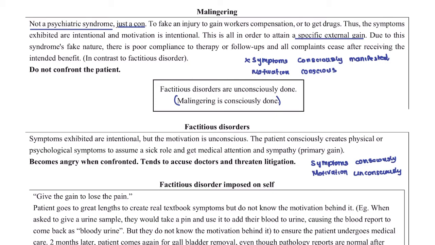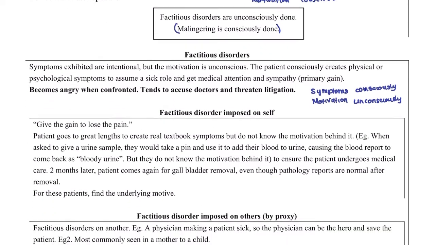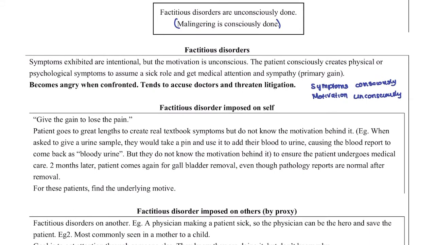Usually there's a history of, let's say, abuse as a child or hospitalization as a child in these patients. So one way that these patients would manifest symptoms is, let's say they are asked to take a urine sample. They would go to the washroom, and after filling urine, they would injure themselves to get some blood and mix it with the urine, or they would eat glass.